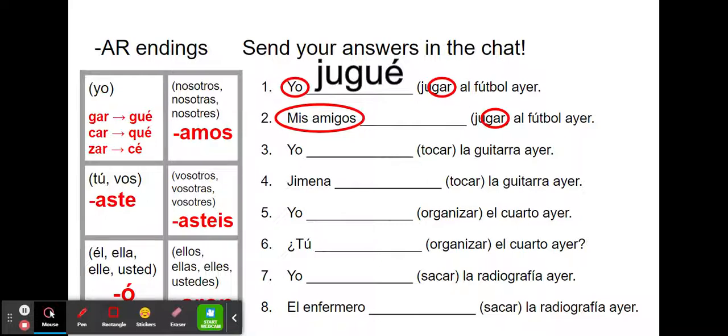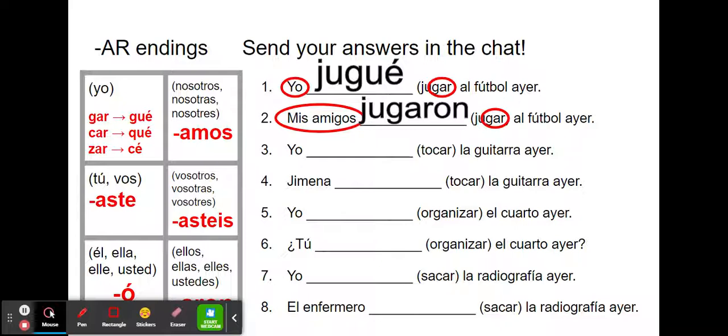It's plural, and I'm talking about them. So I'm going to use the ellos, ellas, elles form. My friends are really like they. They played soccer yesterday. So the ellos, ellas, elles ending is aron. So my answer here is going to be jugaron. Mis amigos jugaron al fútbol ayer.